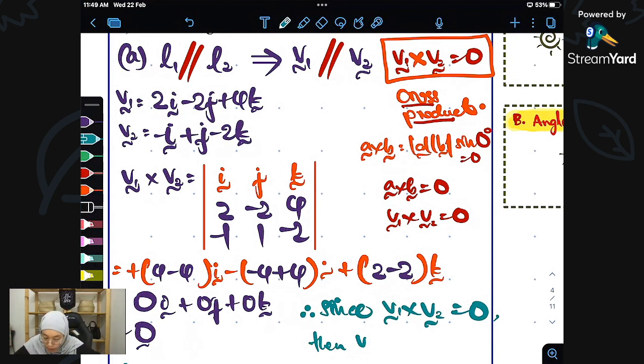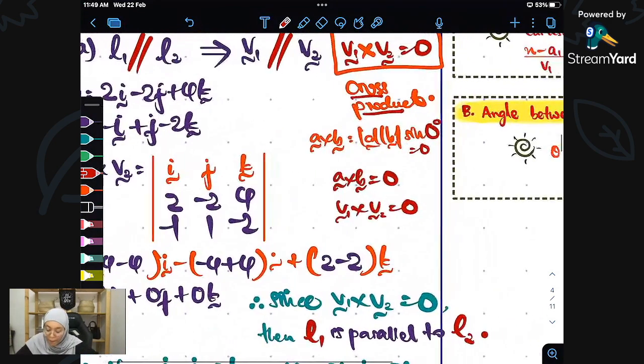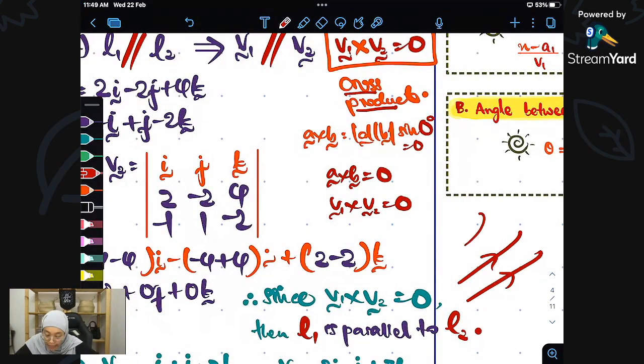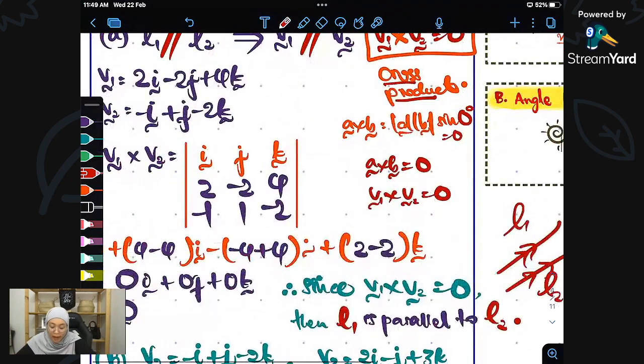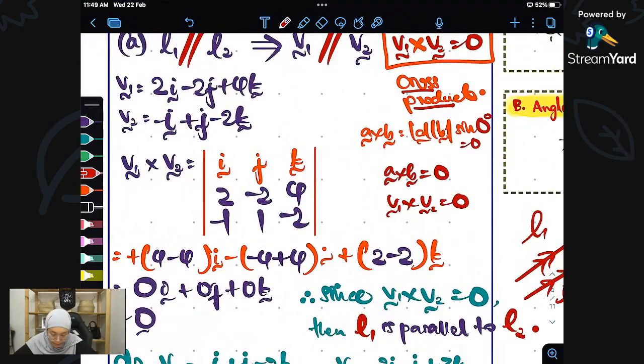Then the line 1 is parallel to the line 2. So they are parallel. L1 and L2 are parallel to each other. So the angle should be 0 ataupun the angle should be 180 degree. So dekat sini logik, tak ada apa yang terlalu susah, okay? Dia hanyalah logik pada kita.